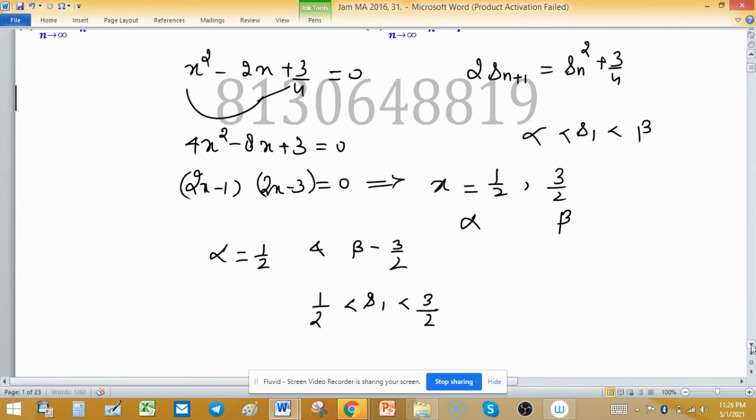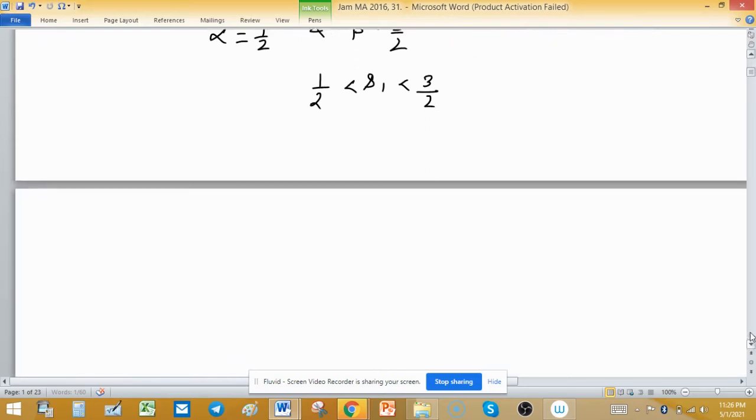Now we are checking what about the other terms. So first for S2, it will be, because S1 square plus 3 by 4, make a square of it. It will be 1 upon 4 less than S1 square less than 9 upon 4, and add 3 by 4 on both sides, means in the whole inequality.